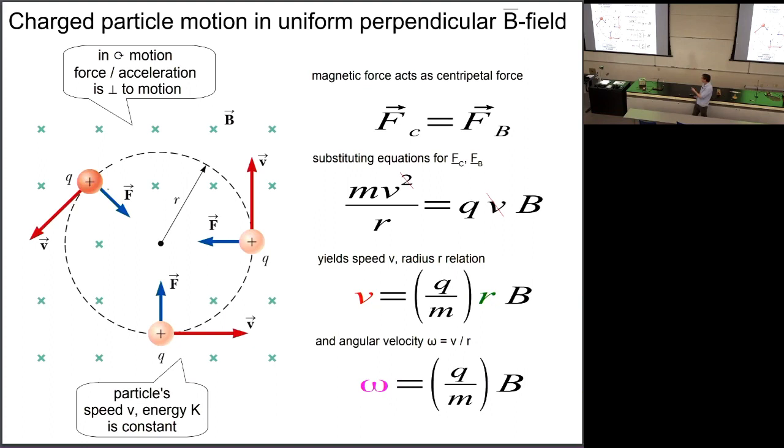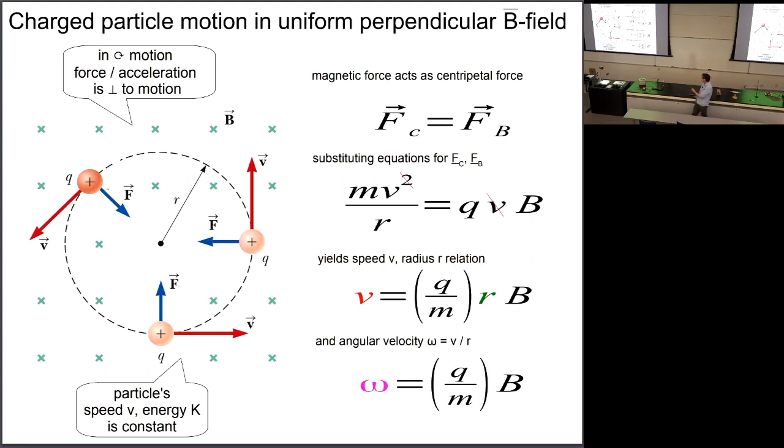That governs the relationship between the radius and the velocity of an orbiting charged particle in a particular magnetic field. Let's divide this equation through by r. If we divide through by r, the radius of the orbit, that cancels out the r on the right-hand side.